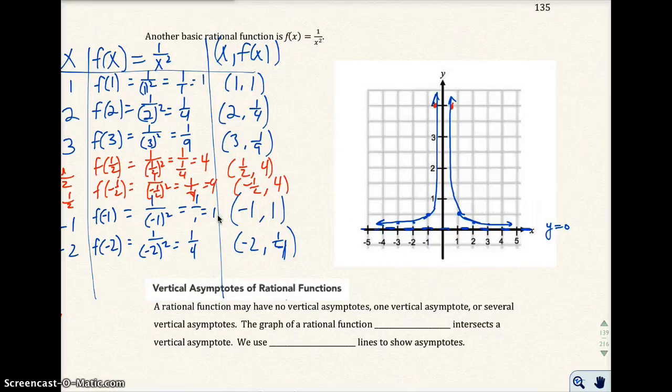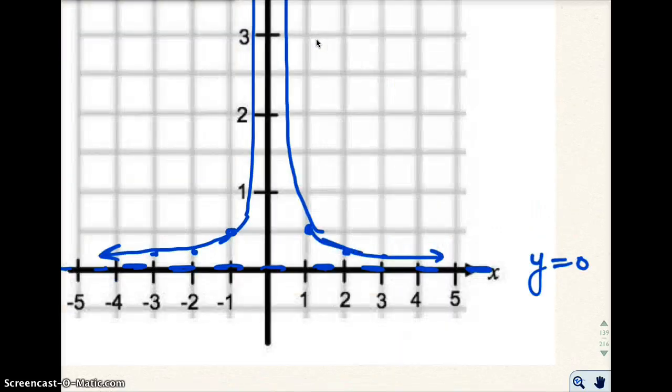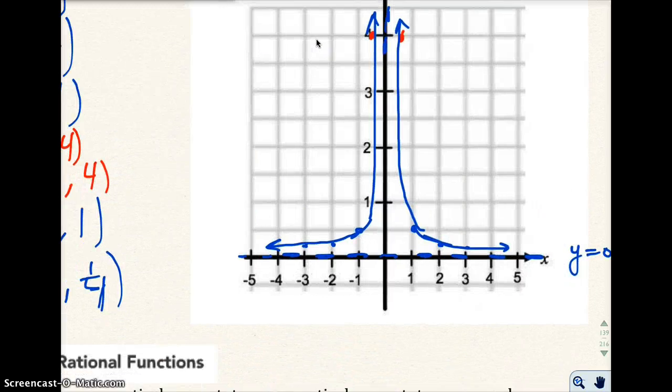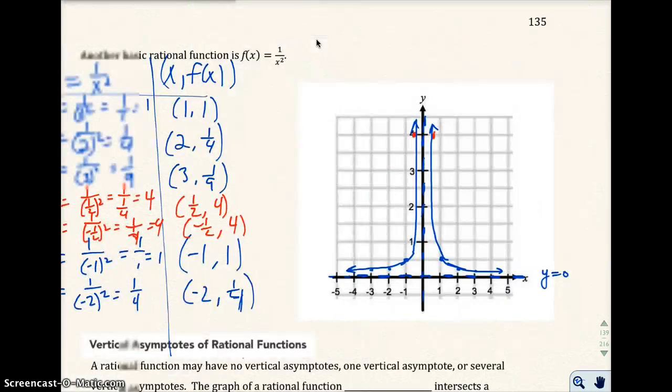The x value would never be 0 because no matter what I put here, I can't put 0 for x. So I'm going to go ahead and put an asymptote there also. I'll put a dotted line right here. x equals 0 because it will never equal 0.